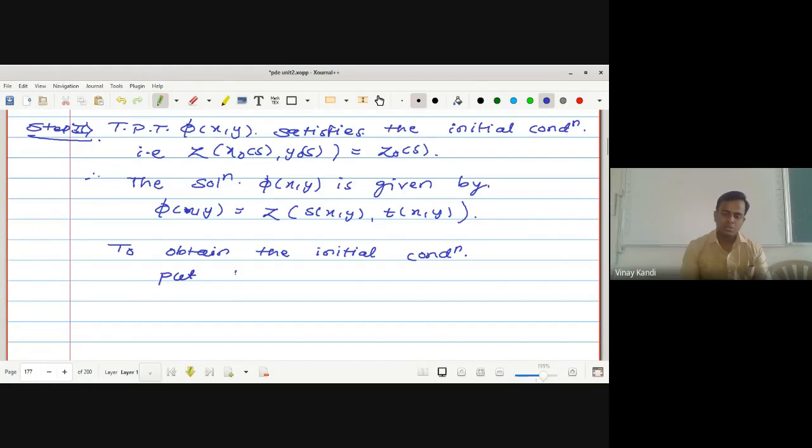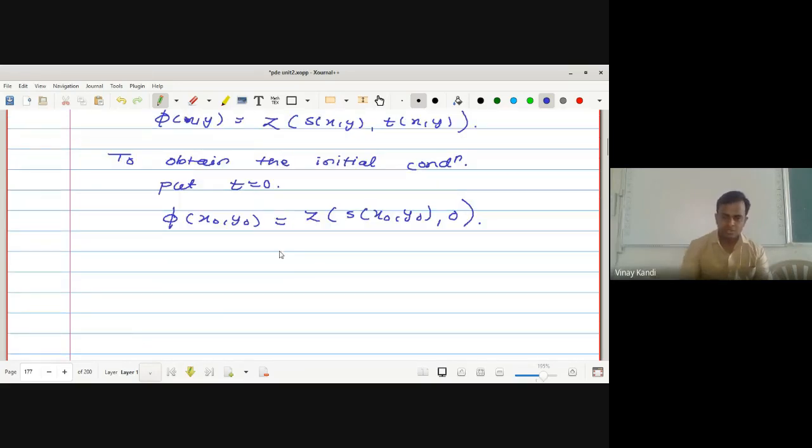So what do we get then? Phi of x naught and y naught is equal to z is the function of s of x naught y naught and t is 0. So this is 0. So that is equal to z is the function of s and 0, which is equal to z naught of s. So phi of x naught and y naught is equal to z naught of s.